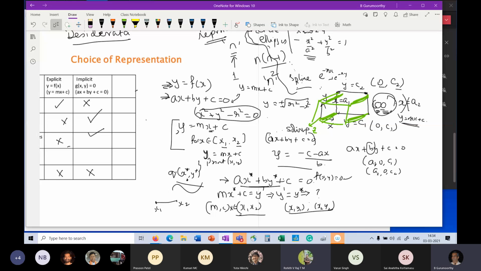I think since we are handling the x and z coordinates, we will just switch the x into z. Yes. So what you are saying is that the expression for this line would look something like a z plus b y plus c is equal to 0.